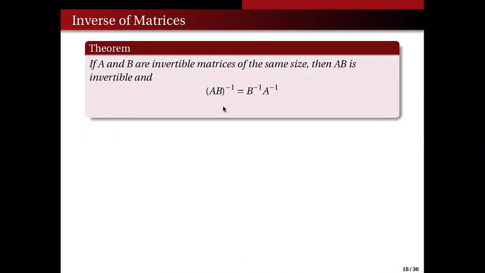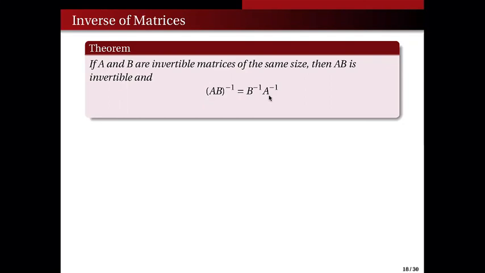And then the inverse can be calculated this way. So you have a matrix A which is invertible, you have a matrix B which is invertible, you multiply them, the product will also be invertible. And to calculate that, you can just multiply the inverses of your two matrices.